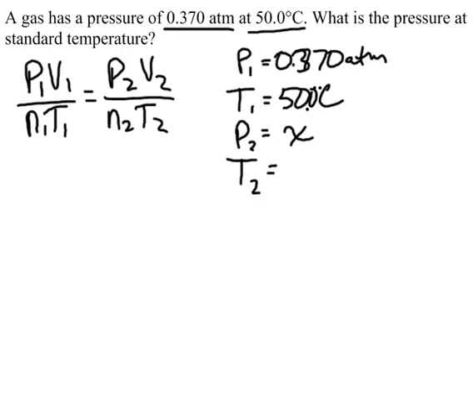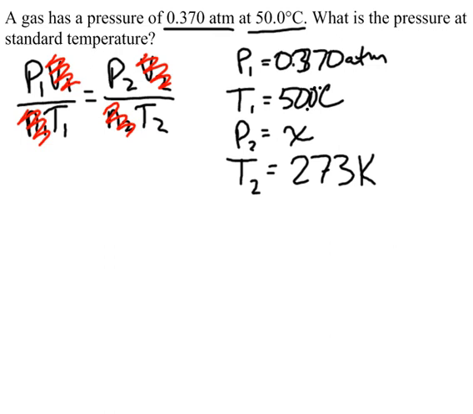My new temperature is standard temperature, which is 273 Kelvin. So that's all that's given, and since nothing else is mentioned, we can make the assumption that all the other properties of the gas are going to be constant. So volume is constant, and number of moles are constant because they're not even mentioned in the problem.